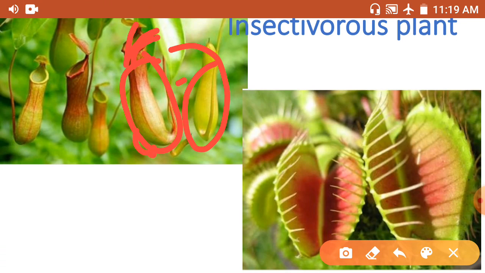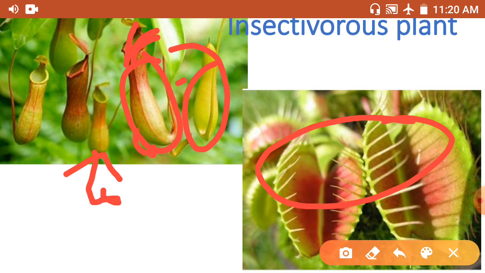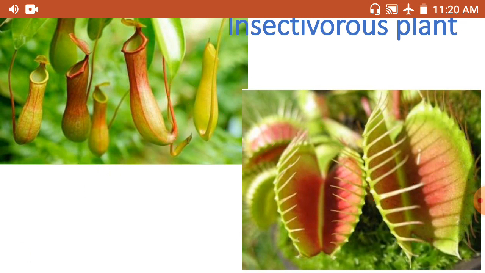When insects sit here, there is a glue-like substance and they stick to it, and slowly the lid covers it. On capturing the insect, the pitcher creates digestive juices which help in the digestion of the insect. For example, the pitcher plant, called Nepenthes. The second example of insectivorous plants is fly traps.